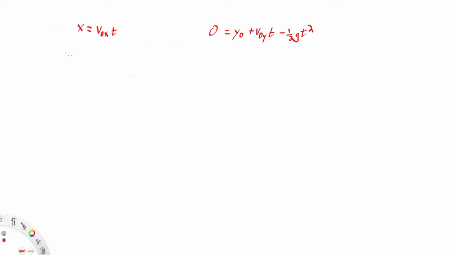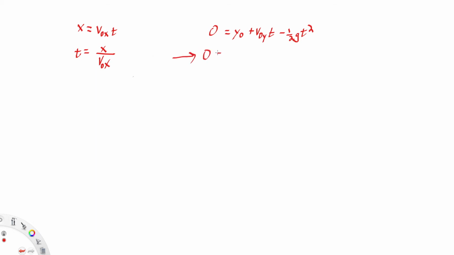So the x direction looks simpler. So let's start with that and say something like, well, t is equal to x over v naught x. And then we can come over to the y direction and plug in that expression.